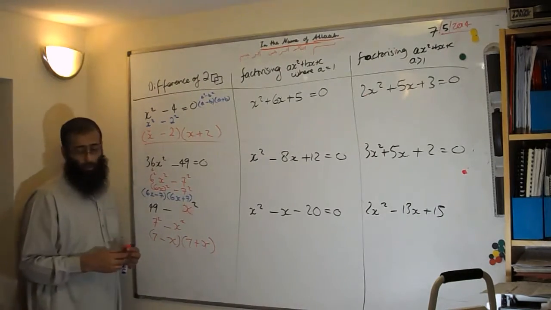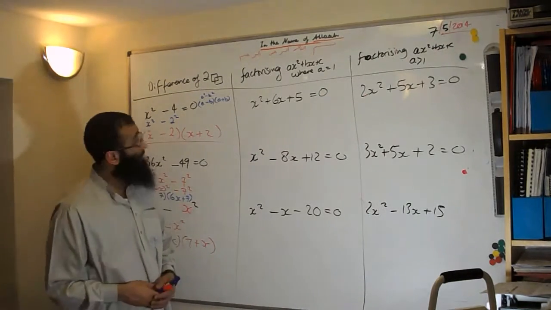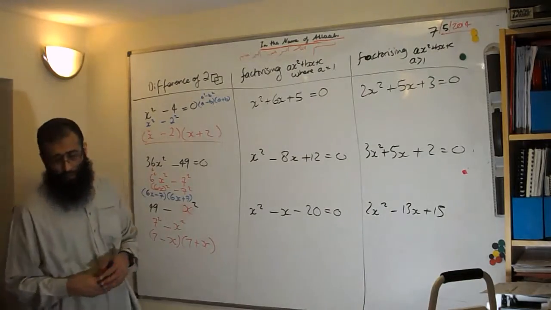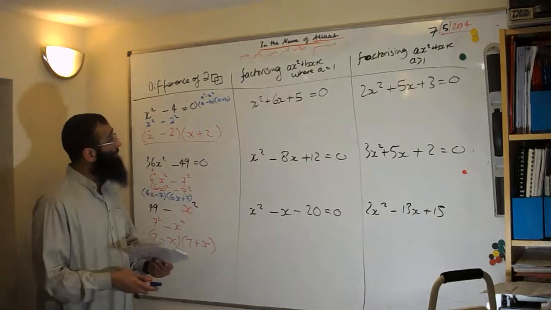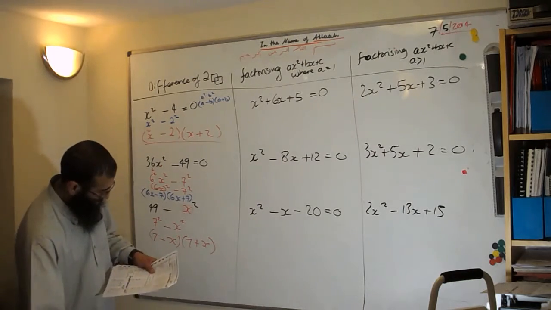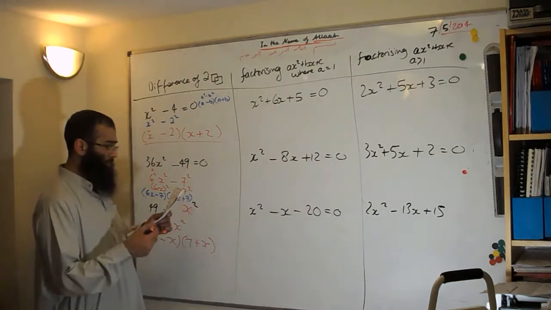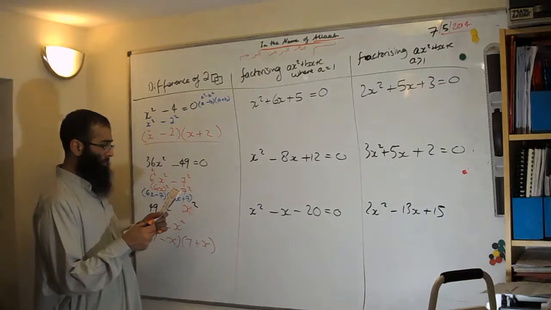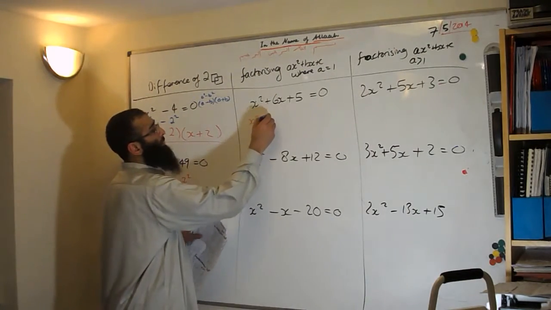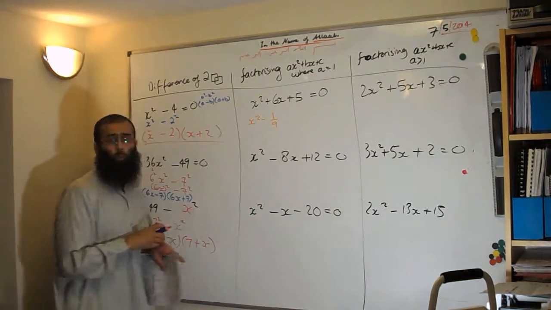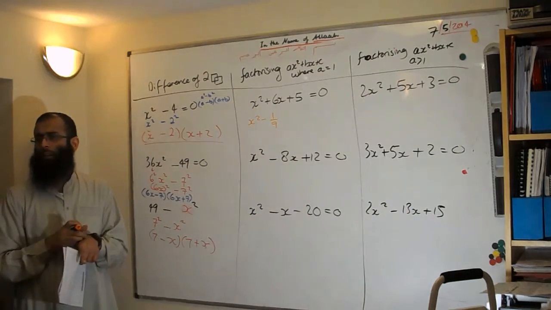Done. If I wanted to throw in a question with fractions in it, just an extra extension one, I'll quickly do it here. You might be looking at that thinking, well, that's not a square number.